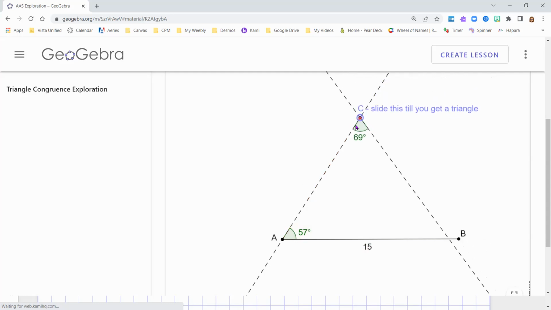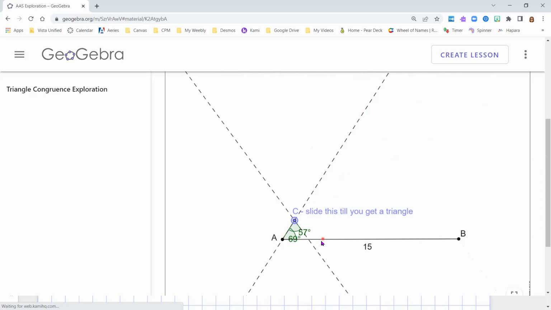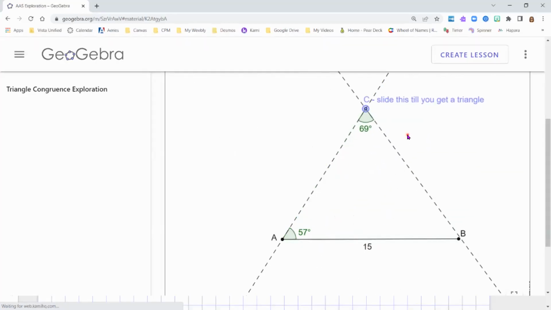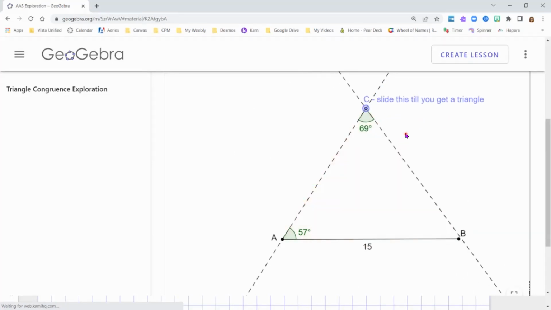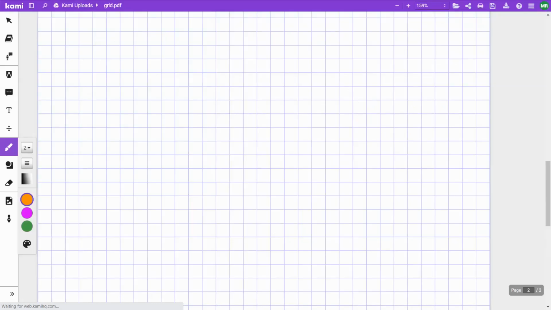There's no other way for me to form a triangle because, again, this other point, point C, is moving on that angle A. Okay, and then once that angle touches B, I end up getting a single triangle, 13, 14, and 15.